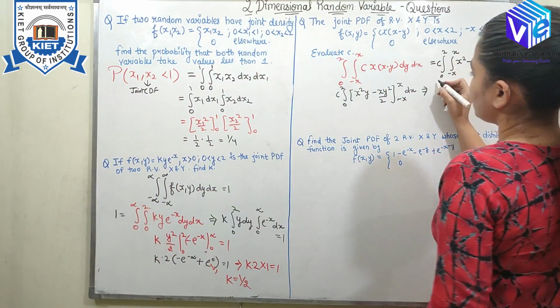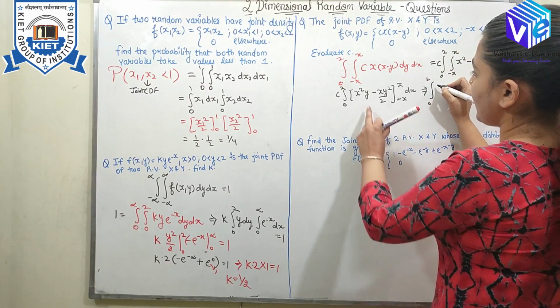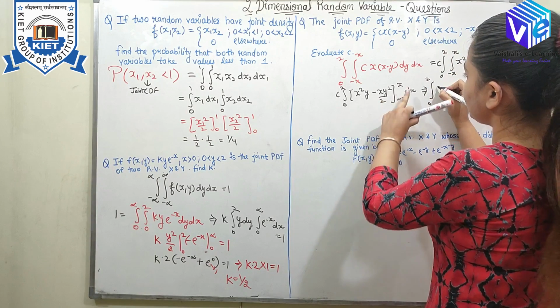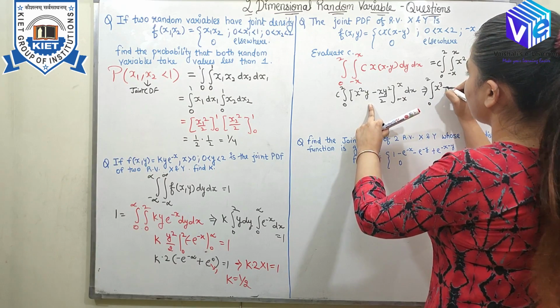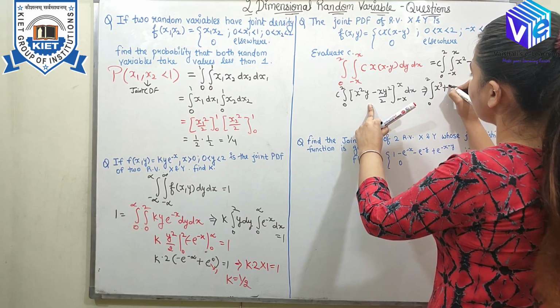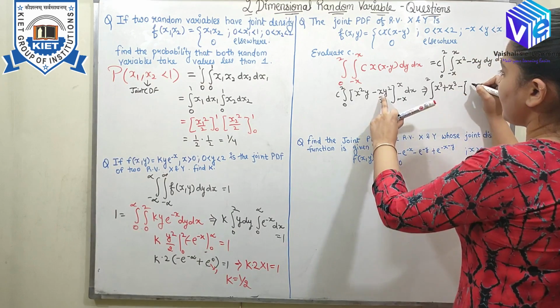Now if I solve this, x square y with the limits gives x cube minus of minus x cube, which is plus x cube, minus xy square.